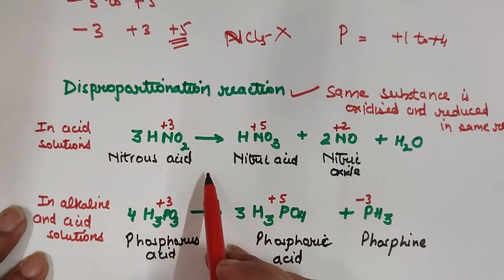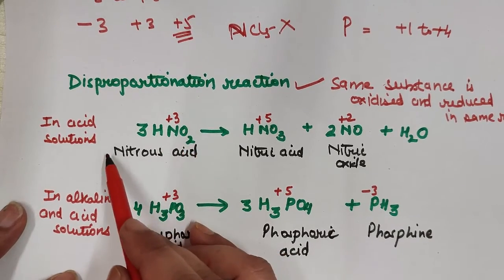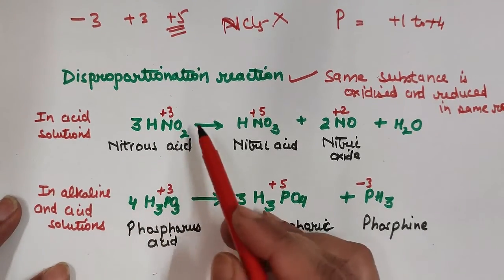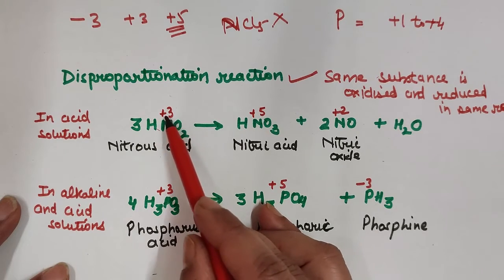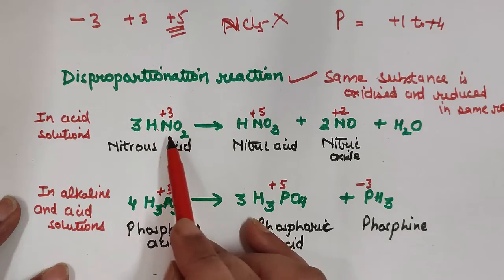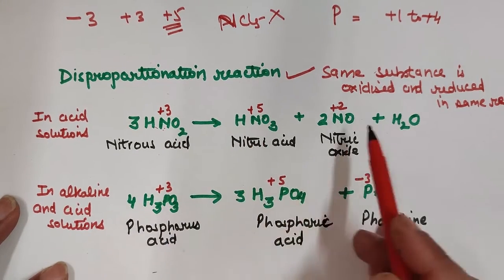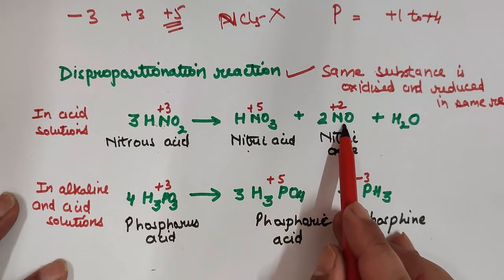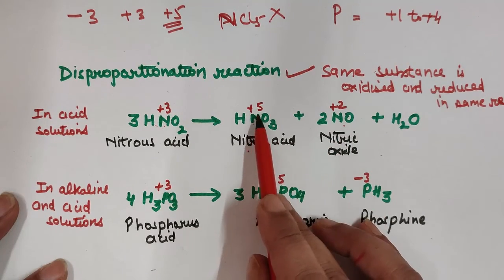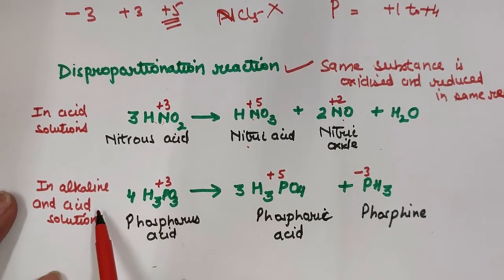For example, if we take nitrous acid, HNO2, in acidic solution nitrogen is having +3 oxidation state, and this disproportionates into two compounds, nitric acid and nitric oxide. Here nitrogen is having +5 and +2 oxidation state respectively.